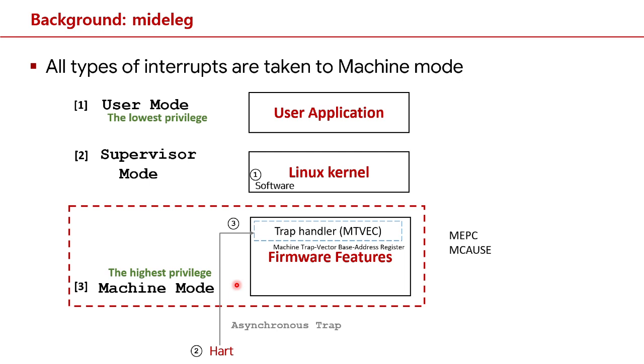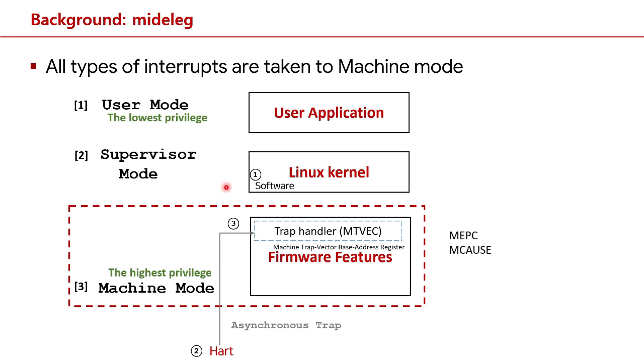At this point, the control is moved to the trap handler in the machine mode. So this is the default control flow if you do not modify any value of the machine interrupt delegation register.